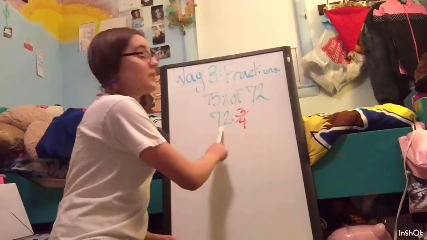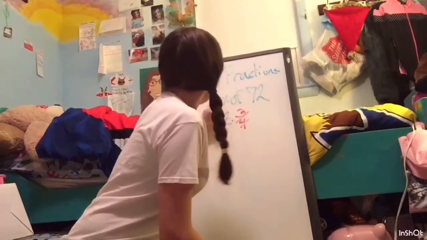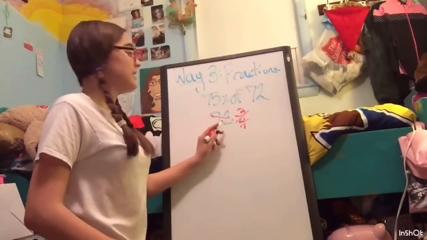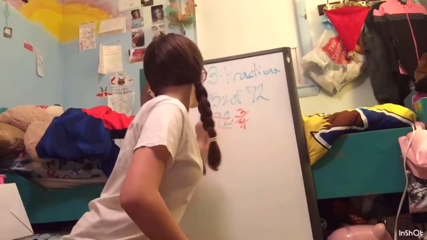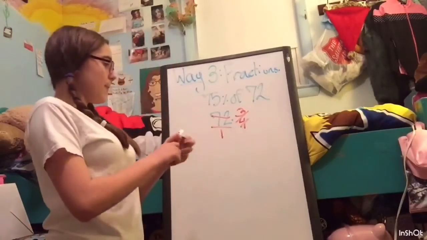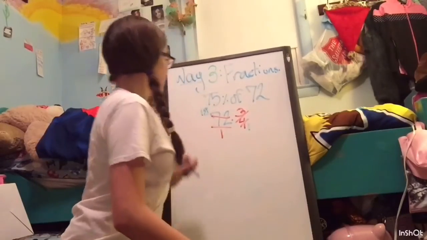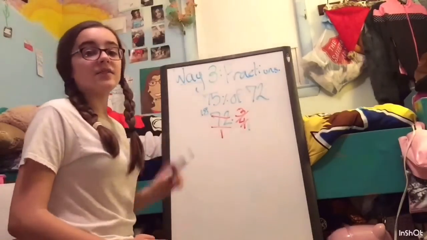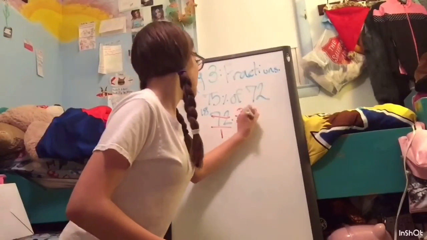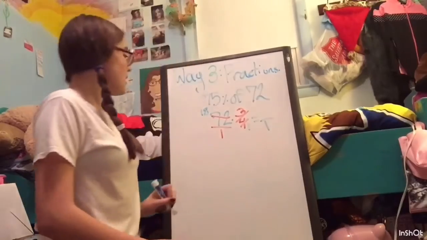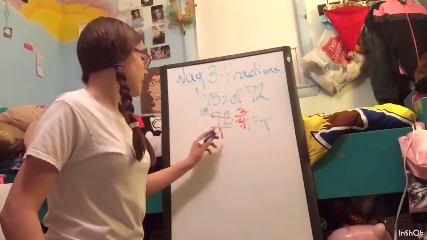Surprisingly, 4 does go into 72. It goes into 72 18 times. And the reason that 4 can be cross-divided with 72 is because 72 is technically 72 over 1. So, we have 1 and 18. And 3 and 1 is already simplified, so we can just continue. 1 times 1 equals 1, because remember, you multiply numerator and numerator, denominator and denominator.